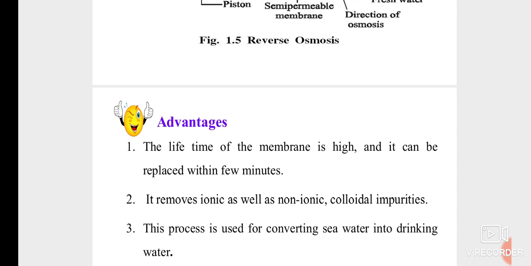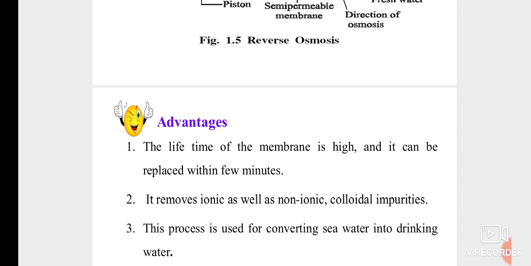So likewise, all types of ionic substances, both cationic and anionic, are removed by this method. And non-ionic means sugar-like substances, C6H12O6, carbohydrate, then turbidity content in the water, different salinity.